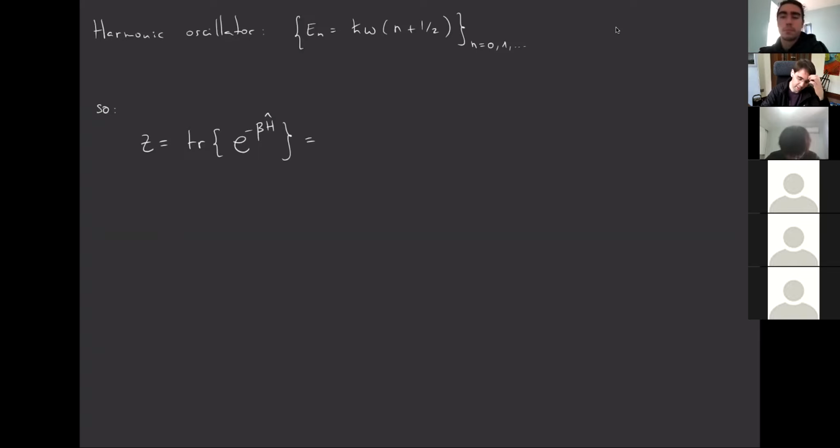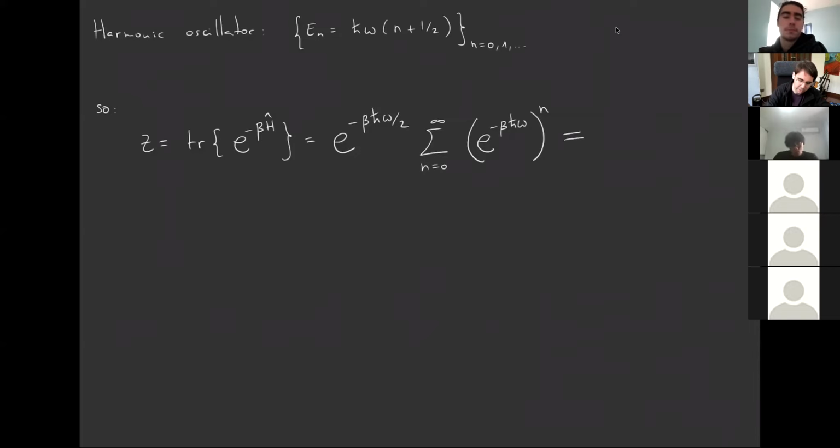And if we use the Hamiltonian eigenbasis for the trace, we get a very simple expression: the exponential of minus beta h bar omega over 2, which is the factor that comes from this 1/2 in the spectrum. And then we get the sum from n equals 0 to infinity of the part that depends on n, which has a minus beta h bar omega n. But let me write it as this exponential to the n.